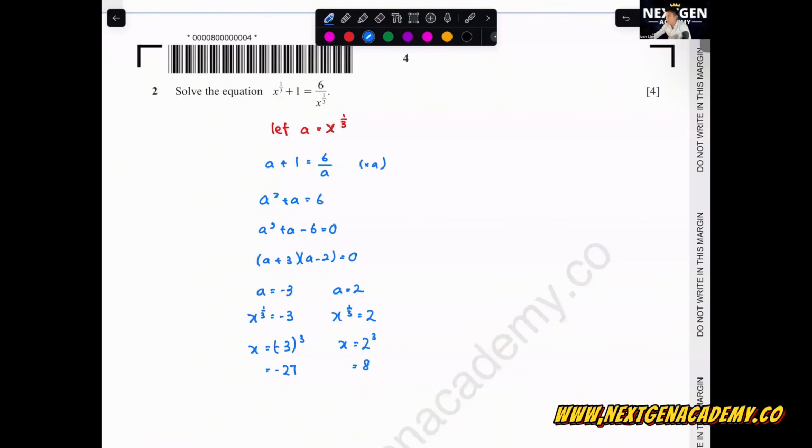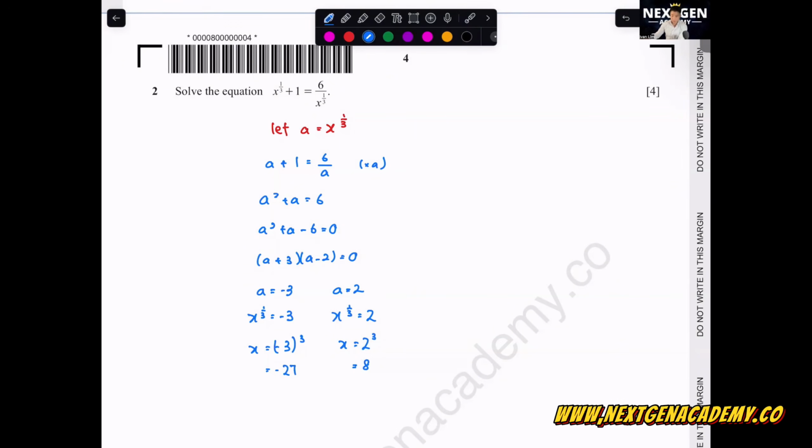Okay, can we accept both answers? Can, right? For power 3 or cube root, we can consider the negative one, except for square root. If the power is x to the power of 1 over 2, you have to reject the negative value.